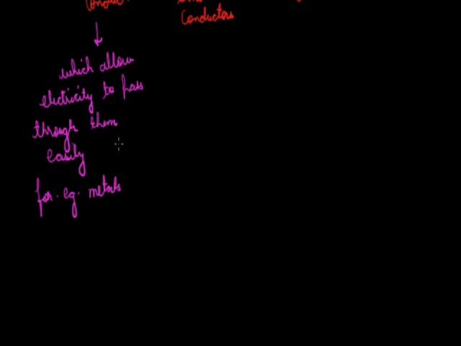Next category we have is semiconductors. Semiconductors are those materials whose conductivity lies in between conductors and insulators. Meaning they are dependent on temperature. If the temperature is normal, then they behave as an insulator. But if the temperature is increased, then they behave as a conductor.